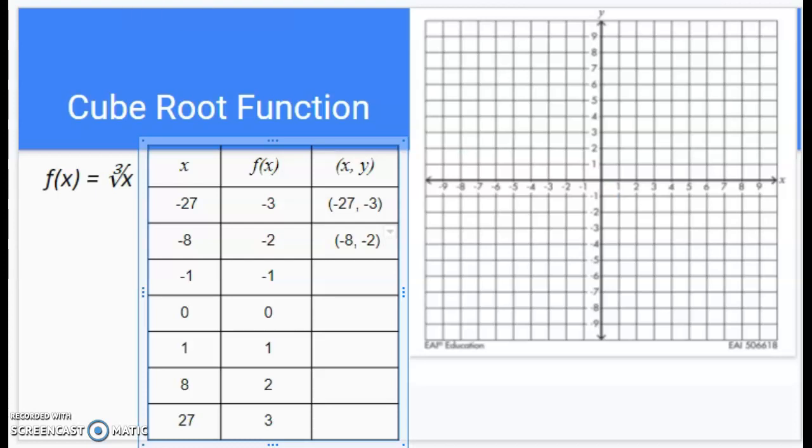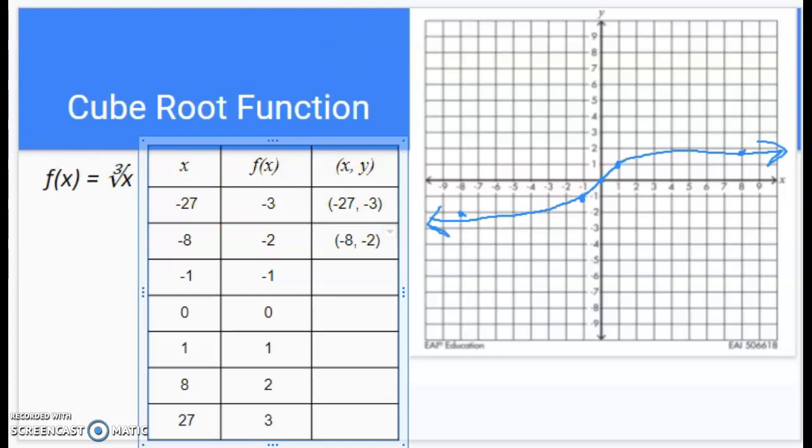Negative 8, negative 2, not positive 2. Negative 1, negative 1, 0, 0, 1, 1, and 2. So this one kind of makes a stretched out S. It's just a little bit difficult to draw on the graph.